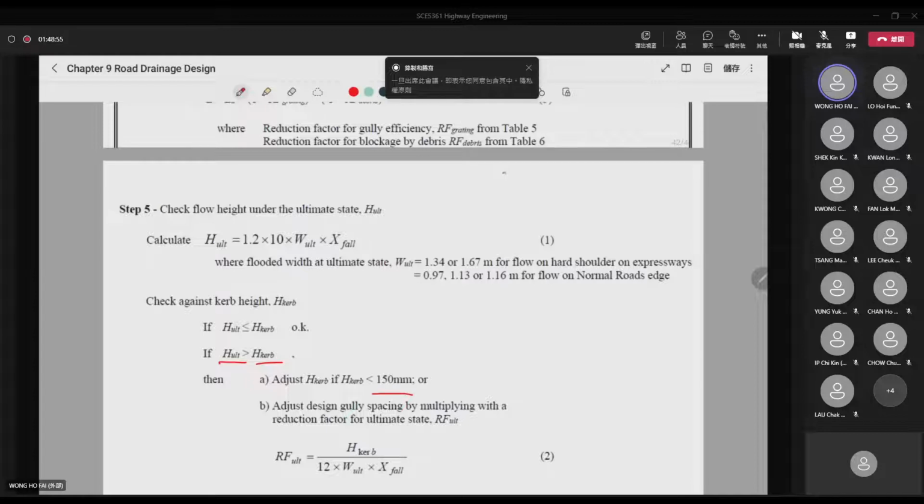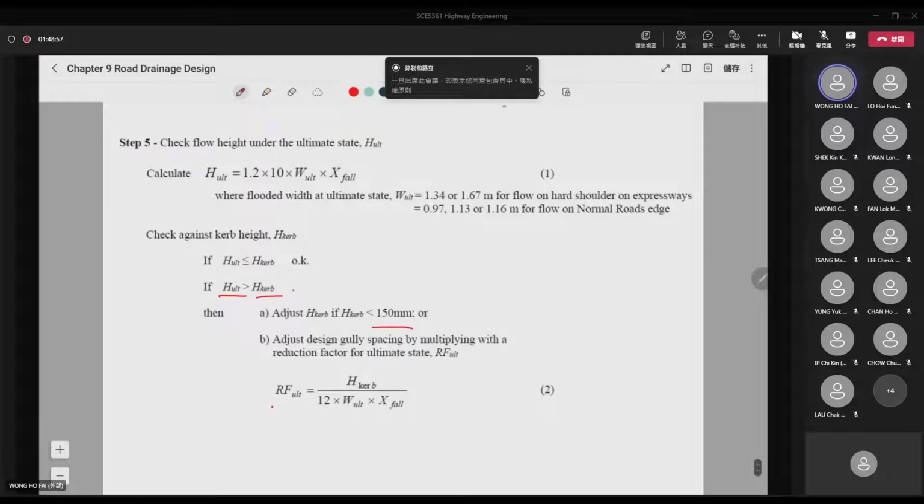Or you can calculate a reduction factor on the gully spacing, where the value is equal to the curb height divided by the flooded width times the cross fall of the road. Okay?